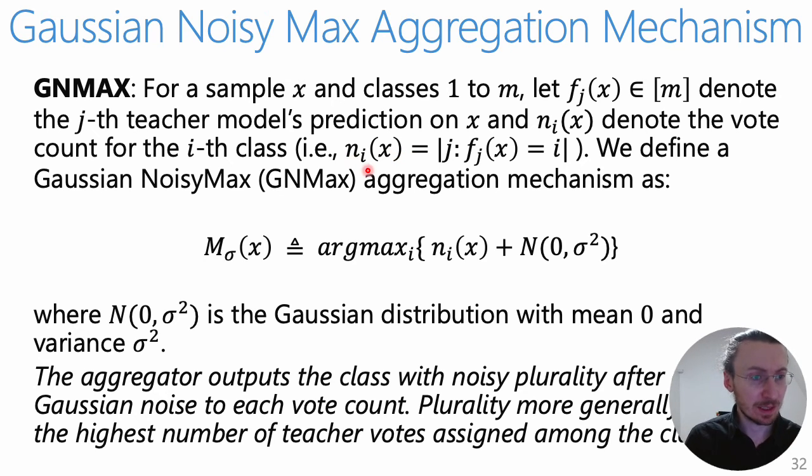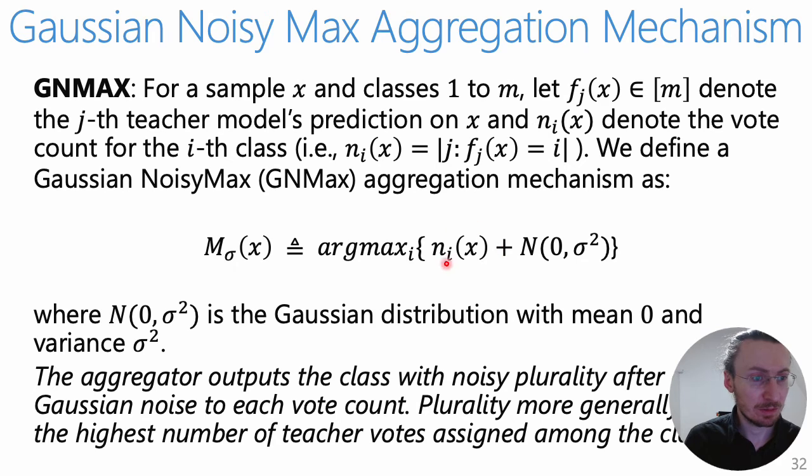Having said that, we can now define this mechanism. The mechanism is denoted as upper M sub sigma, where sigma squared denotes the variance of the Gaussian noise. The mechanism itself just defines formally what we saw in the previous slide.